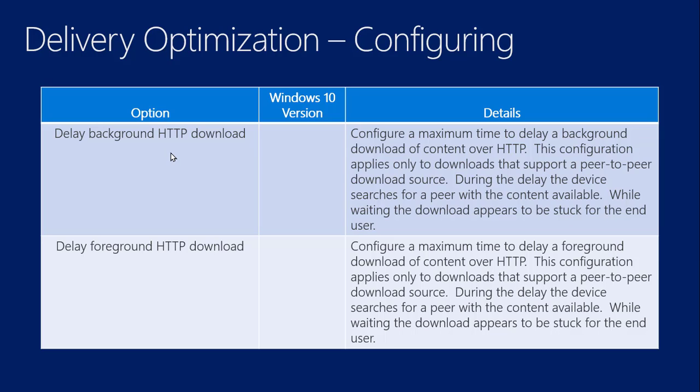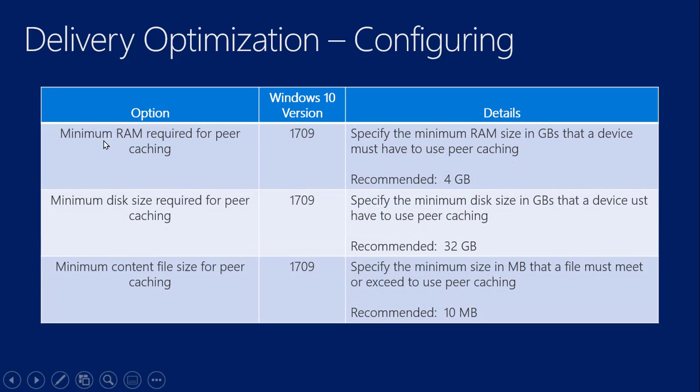So there's some suggestions for how to configure this. You can evaluate these in your own environment and decide what those are, and you'll see those again in a minute. There's other options here that you can specify for devices that either are able to participate in delivery optimization or are not. So the minimum RAM required, the recommended is 4.